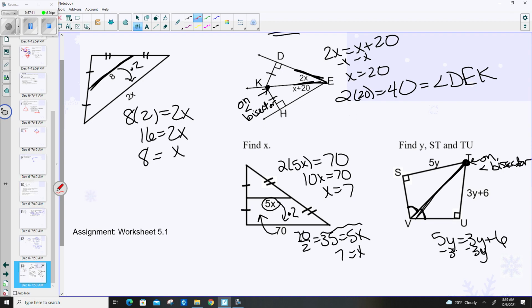Subtract your 3y, we've got 2y equals 6, which makes y 3. And then it wants ST and TU, so I got to plug that back in. 5 times 3 gives me ST is 15. 3 times 3 is 9, plus 6 is 15 as well. So TU is 15. Homework is worksheet 5-1.